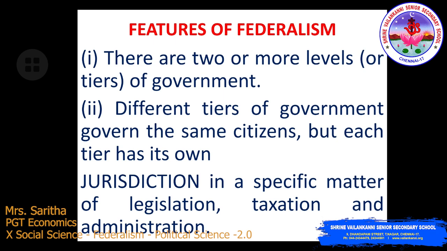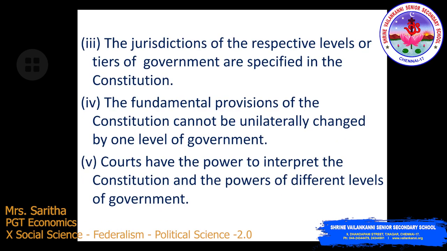What is meant by jurisdiction? It is the area over which someone has legal authority. The jurisdiction of the respective levels or tiers of government is specified in the constitution.